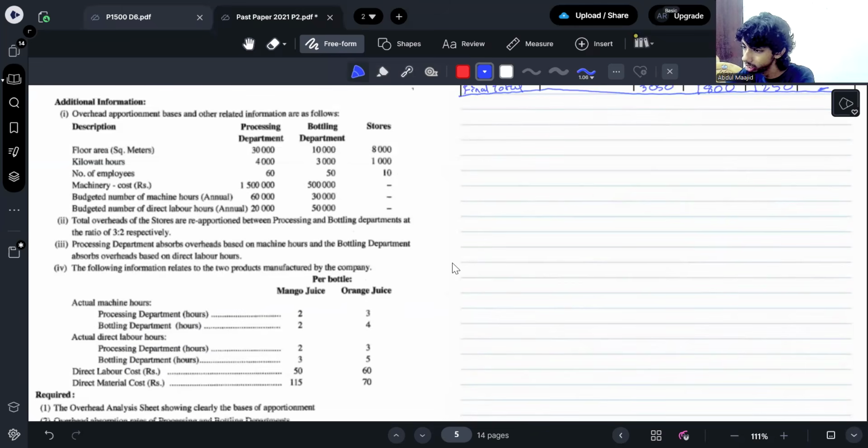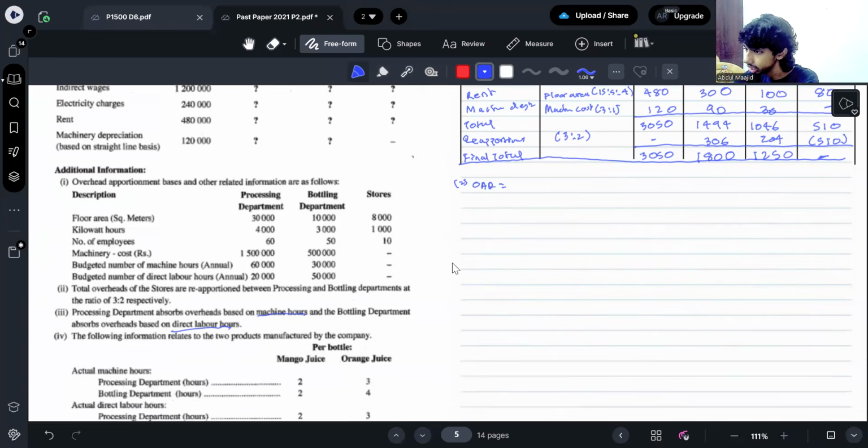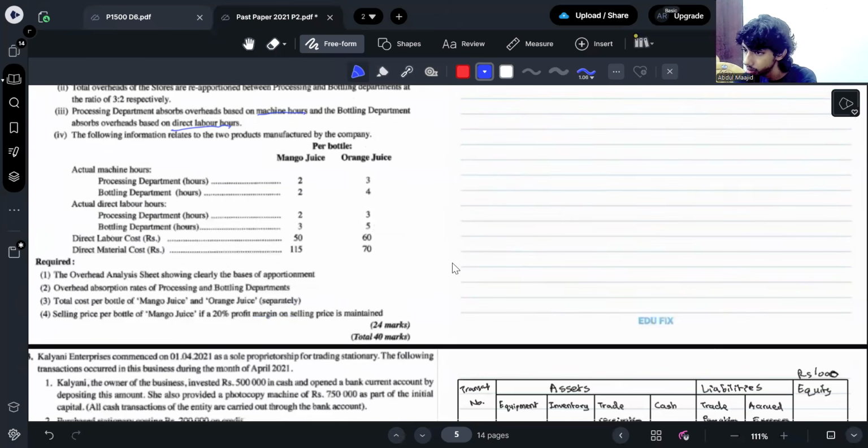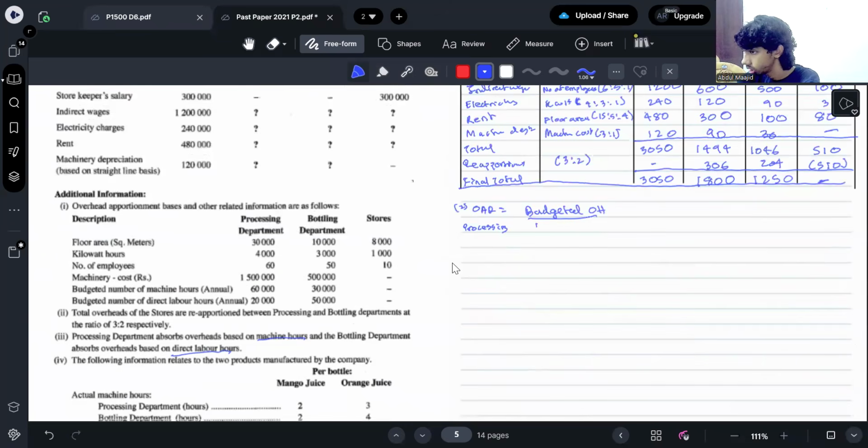So processing department absorbs overhead based on machine hours. Bottling department absorbs overhead based on direct labor hours. Okay. So then second one, overhead absorption rate, first of all, let's find for processing department. Budgeted overhead divided by machine hours.